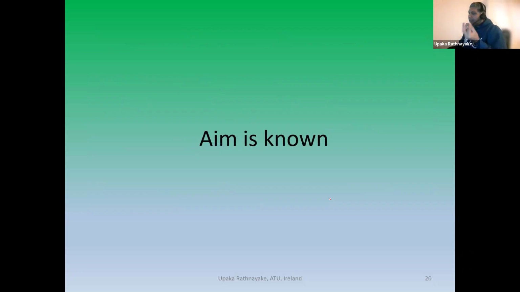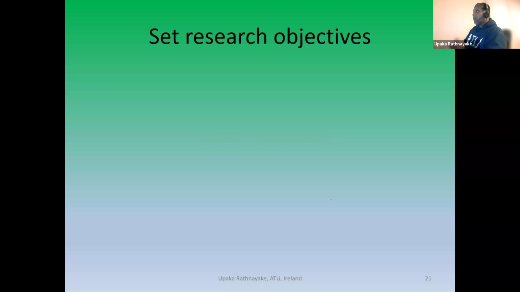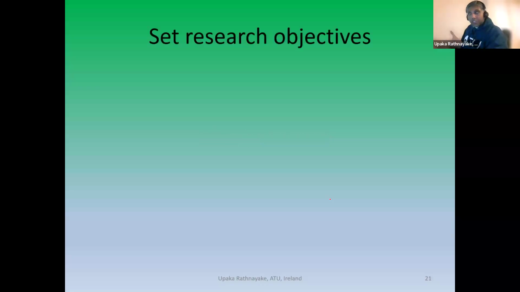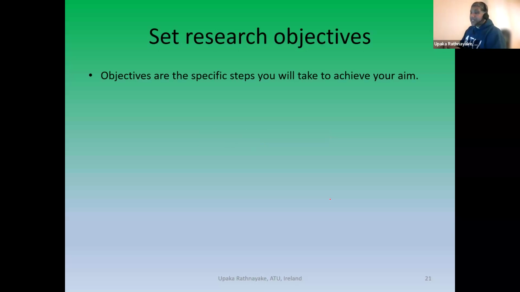But aim and objective are always aligned together. Many people think that they are more or less the same, but they are different. So you have to set the research objectives. Now, our aim is known, then we are looking at setting out our research objectives. Objectives are the specific steps you will take to achieve your aim. This is very important. As I told you, many people still think that aims and objectives are the same.